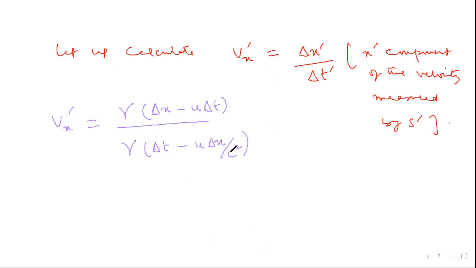What we get, we can write it this way: delta x by delta t minus u over 1 minus u times delta x by delta t over c square.